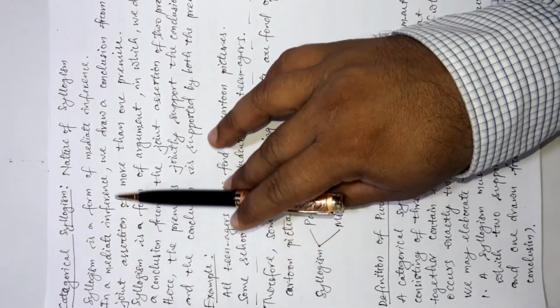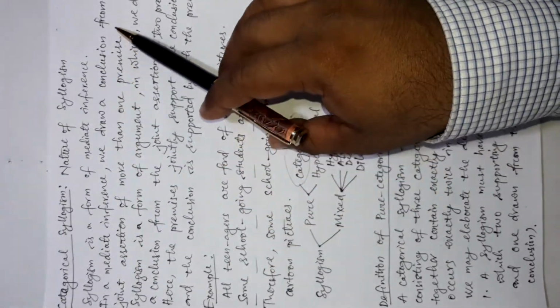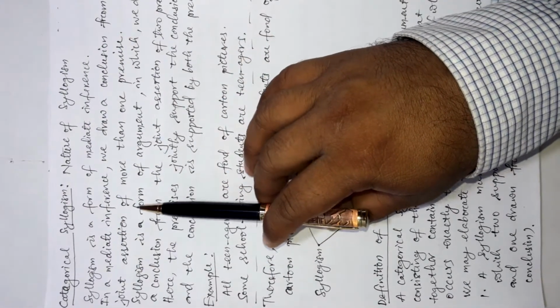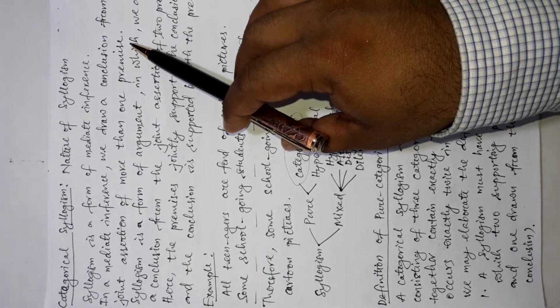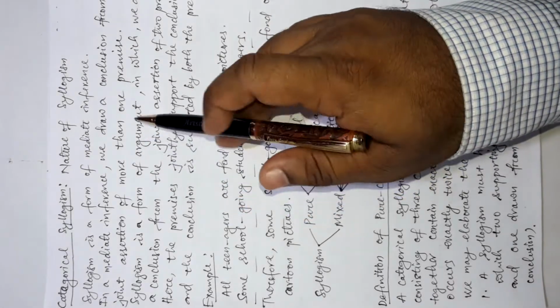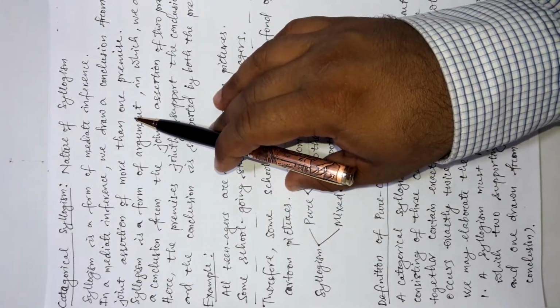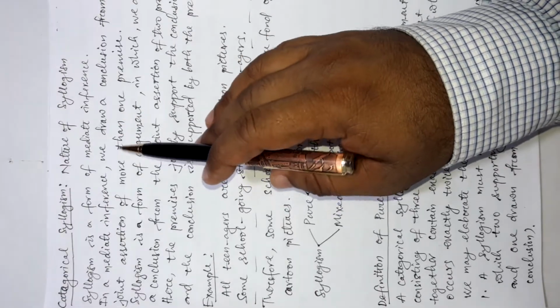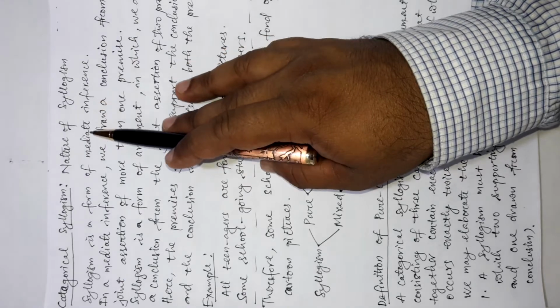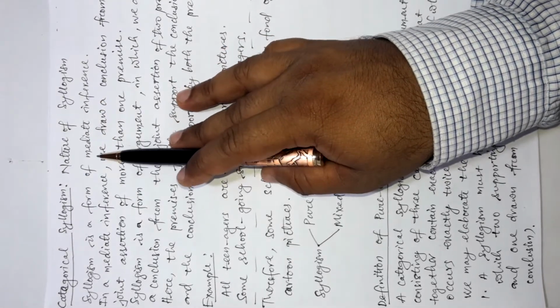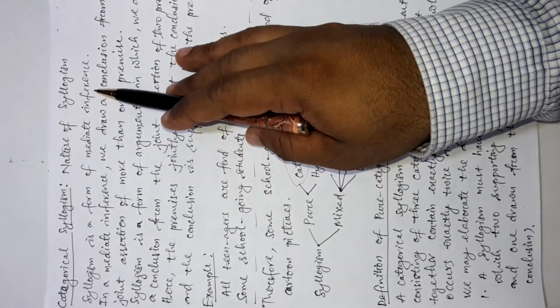In a mediate inference, we draw a conclusion from the joint assertion of more than one premise. To discuss mediate inference, let me tell you about its counterpart, immediate inference.